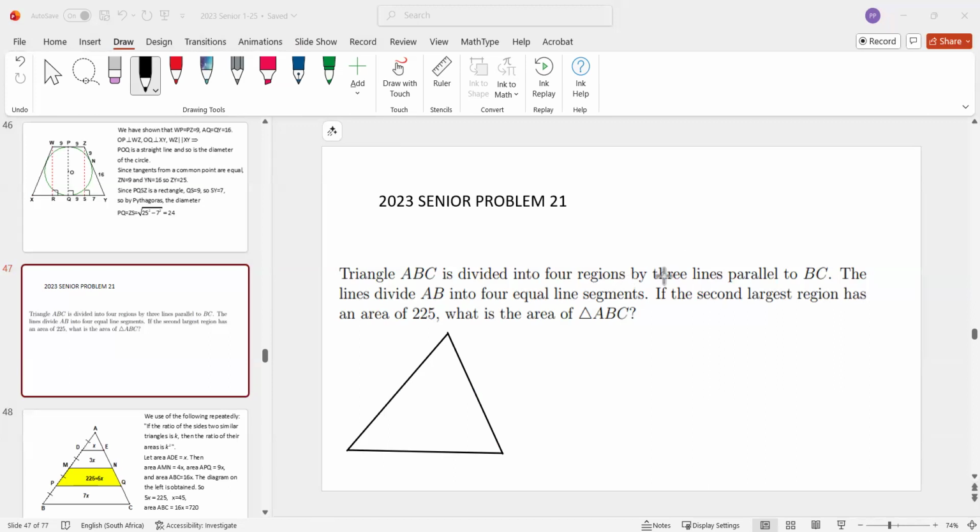It is divided into 4 regions by 3 lines which are parallel to BC. So let's just give names to this. We'll call it A, B, and C.